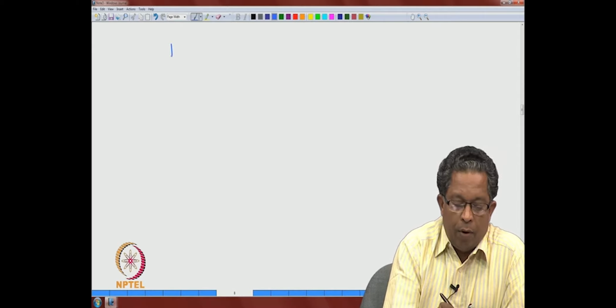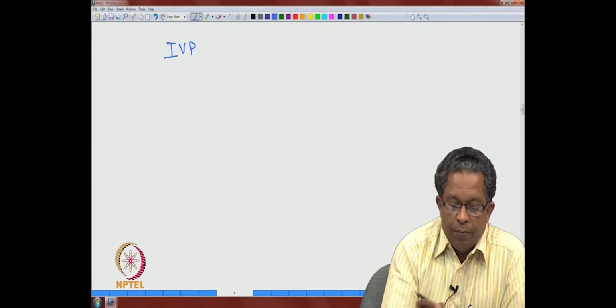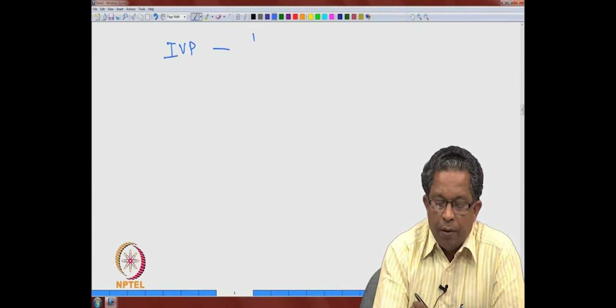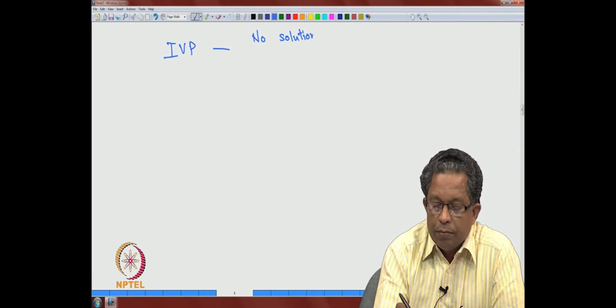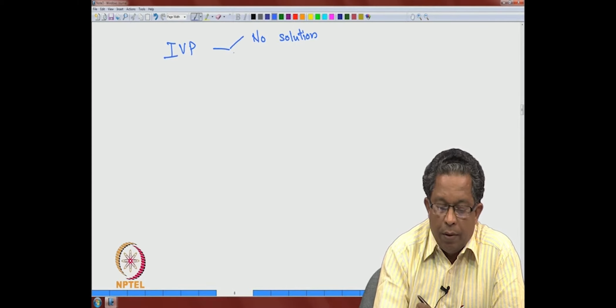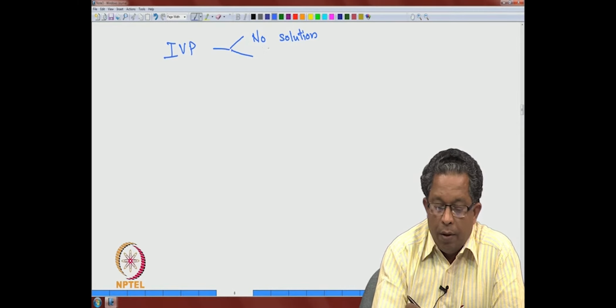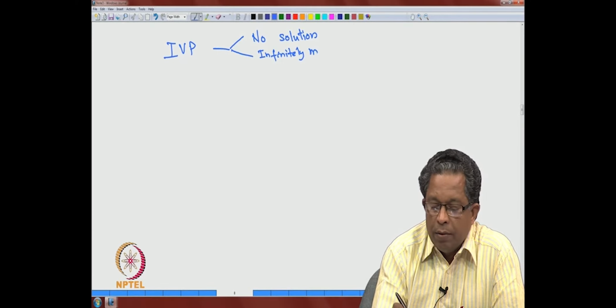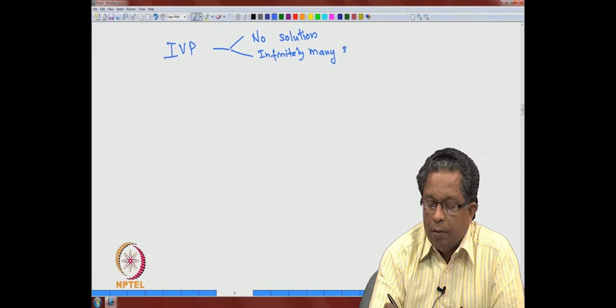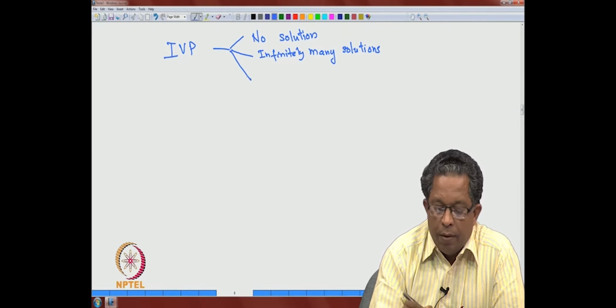So initial value problem cases: no solution, infinitely many solutions, and unique solution.